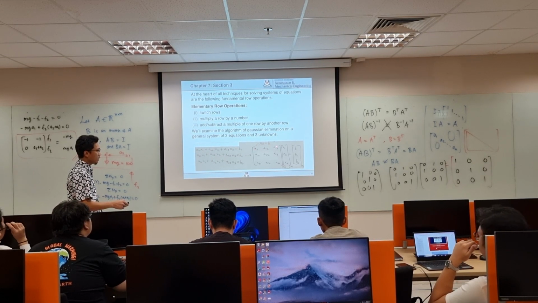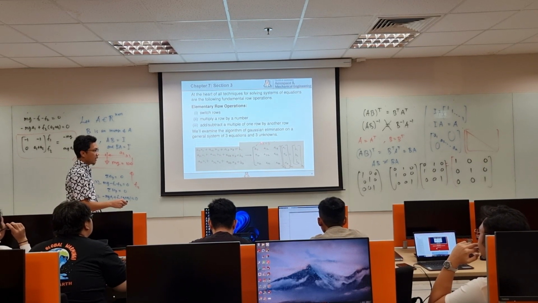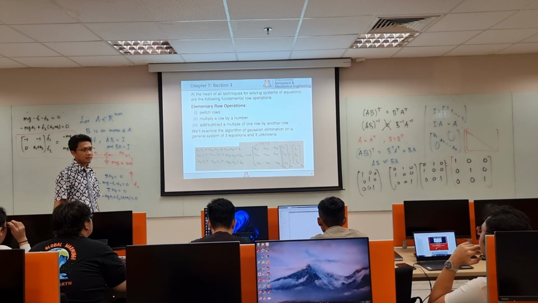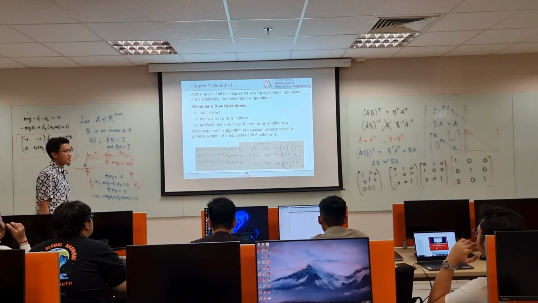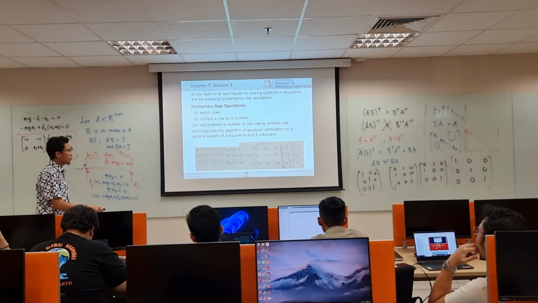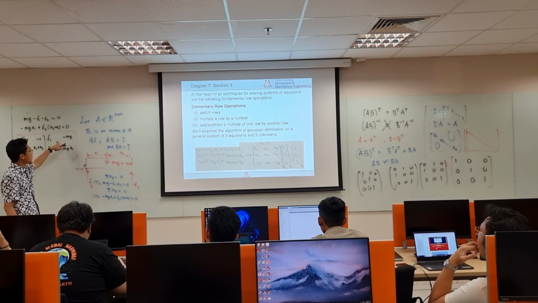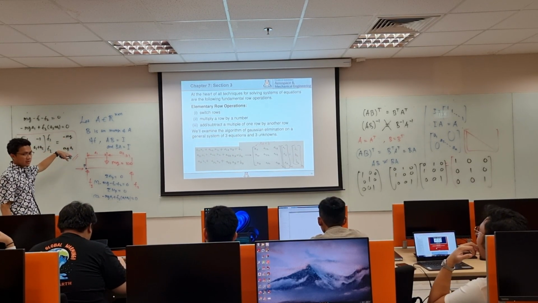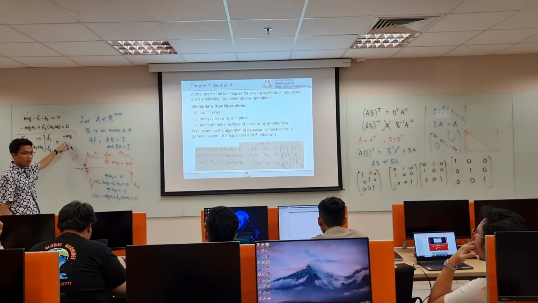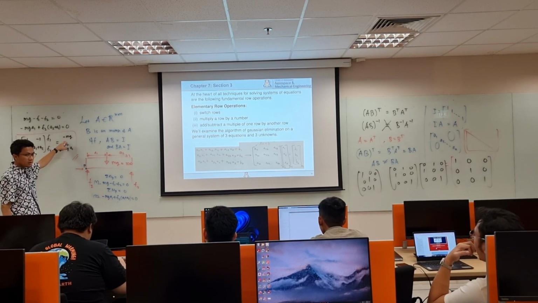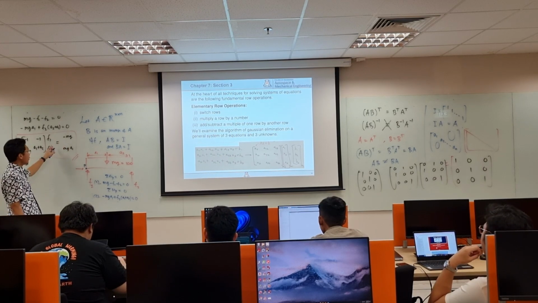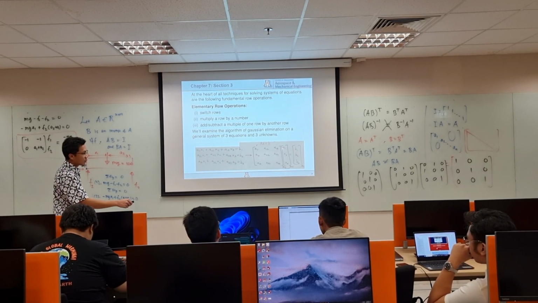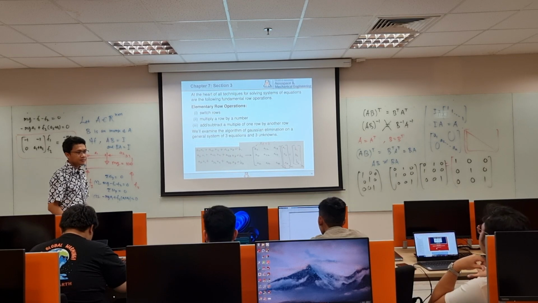So matrix A we define here as a 3 by 3 matrix. And the B1, B2, B3, these are the constants we have on the right side. This is known. F1, F2 correspond to x1, x2, and x3 here.